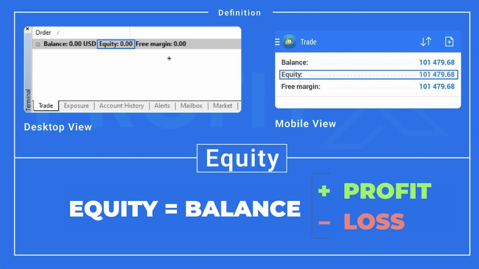Let's say your balance is 100K and their max daily loss is negative 5,000, which on a 100K account is basically negative 5%. If you have open positions and go into a negative 5K loss, bringing your equity to below 95K, then you'll get kicked out. So this is why it's important to understand balance and equity.